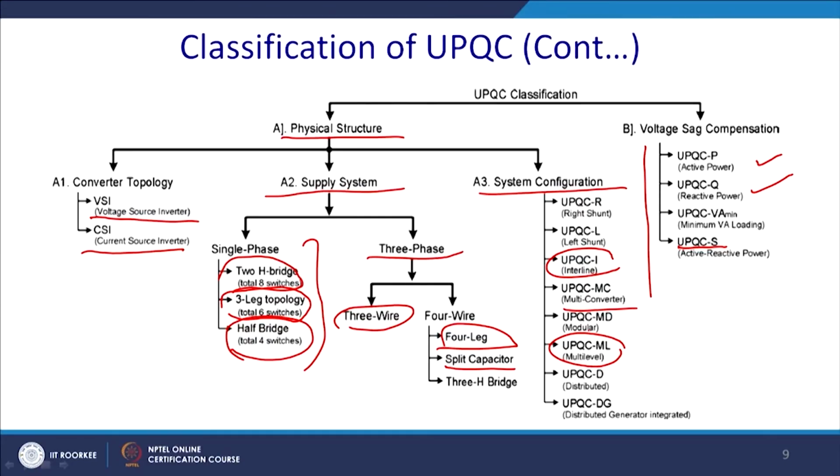So, you require cascaded switches. And mostly we are discussing UPQC-D, that is used for the distribution network, and UPQC-DG, that is very famous nowadays, that is distributed generator integrated. So, that is maybe a solar panel incorporated with it, that kind of thing.